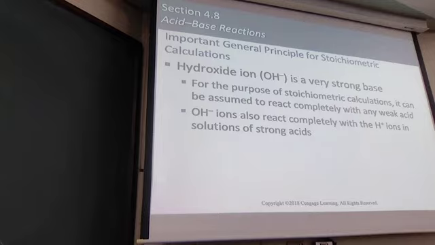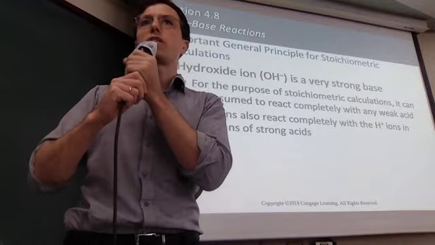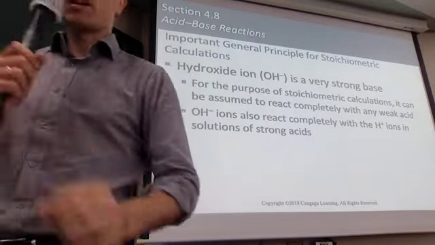And if we want to get the net equation, then the net equation will be simply this one, right? Okay, so for the strong acid and strong base, we always have reactions of protons and hydroxide in the solution.